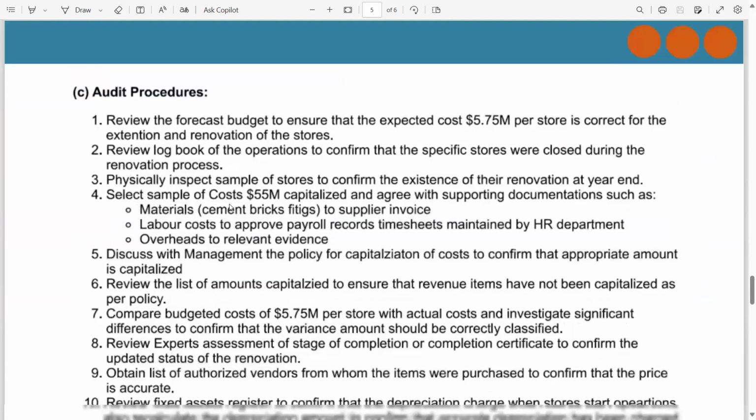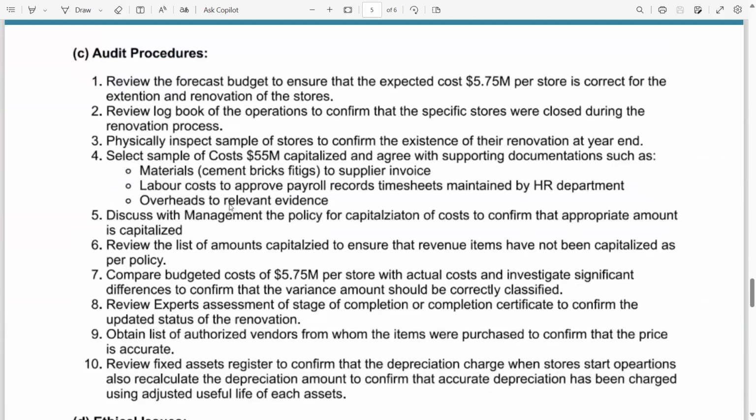Now part C, audit procedures on the store enhancement program. Remember exhibit number 4. Let's read the procedures. Review the forecast budget to ensure that the expected cost of 5.75 million per store is correct for the extension and renovation of the stores. Review the logbook of the operations to confirm that the specific stores were closed during the renovation process. Physically inspect a sample of stores to confirm the existence of their renovation at year end.